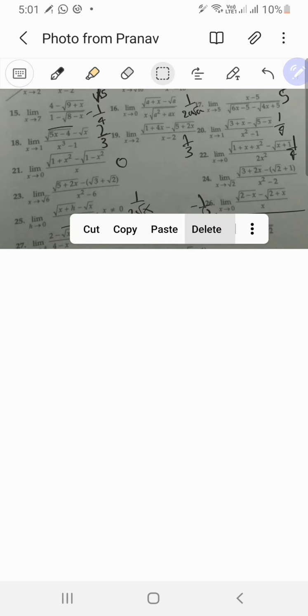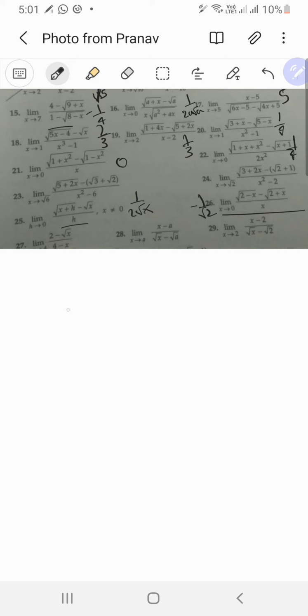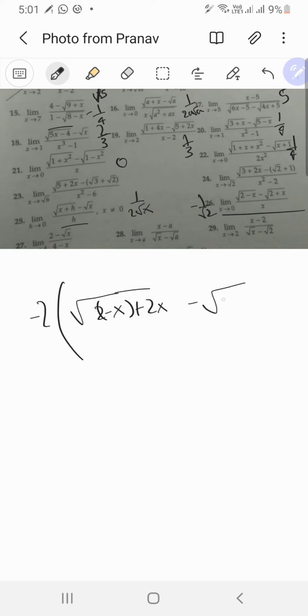Who knows, it might just do. So square root of, it's usually minus, right? Yeah, it's negative 2 times square root of 2 minus x plus 2x minus square root of 2 minus x upon 2x. So this is taking the role of that h, right? Correct. So call this thing a.